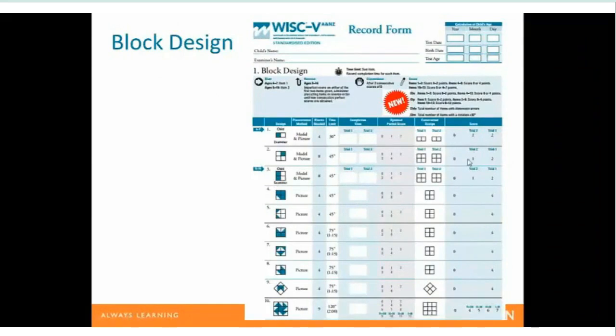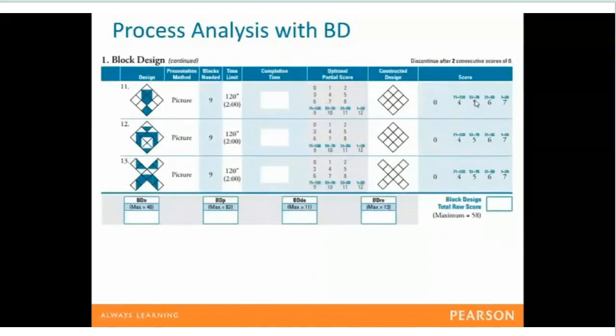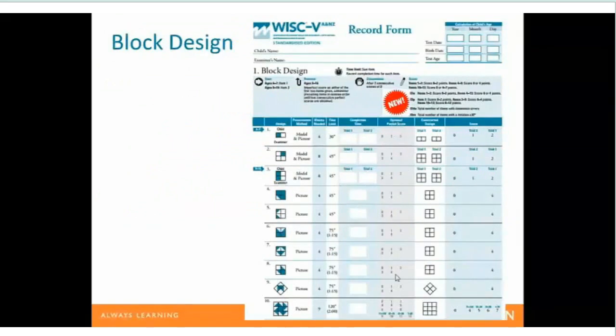On the 4-block items, there are no bonus points for going extra quickly. We only have bonus points for the 9-block items, where the child has to do a very complex design very quickly. Now, this column here in gray, a gray column means it's optional. This is a partial score. This is only here for an analysis tool.